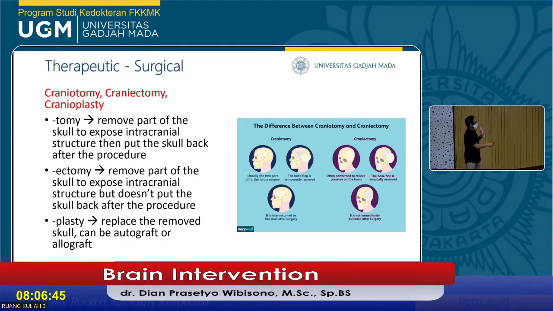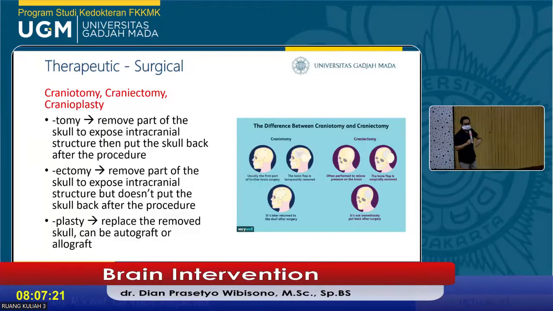The difference with craniectomy is that we remove part of the skull, same, to expose the intracranial structure. But after the procedure, we don't put the bone back, for some reason. And where is the bone put? We can put it in the contralateral subgaleal space, or at the abdomen.